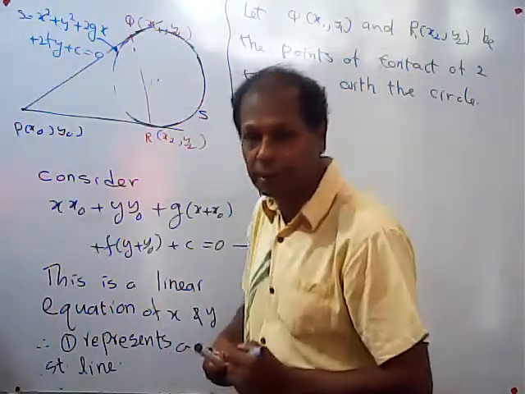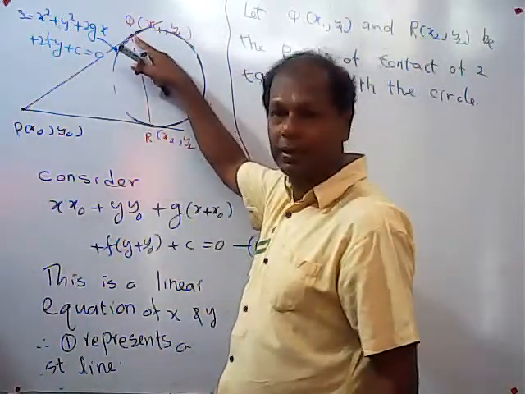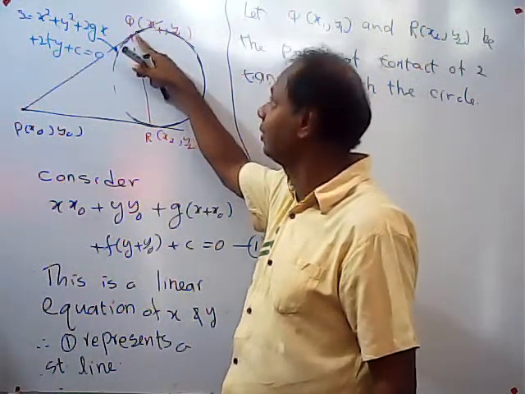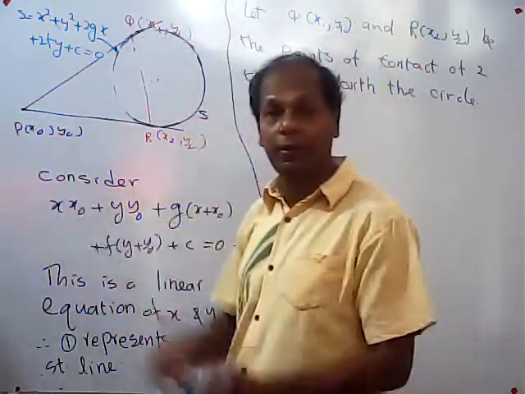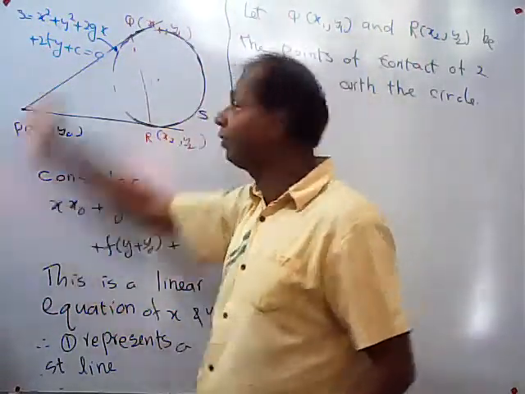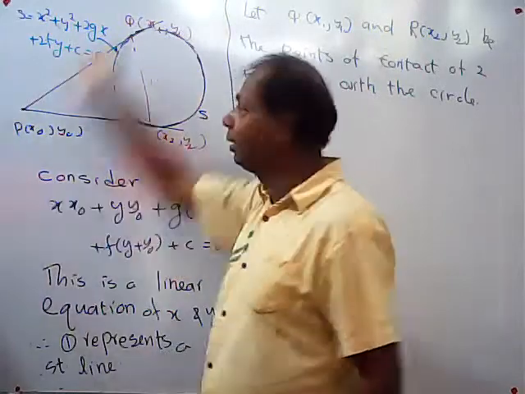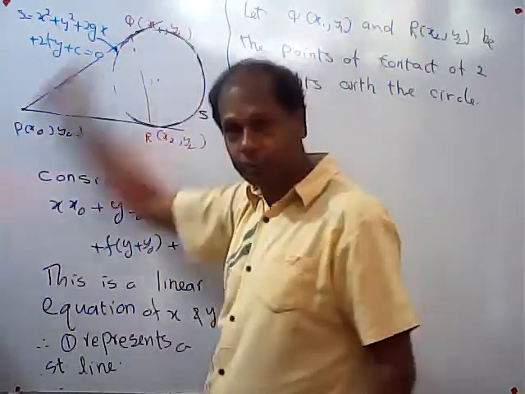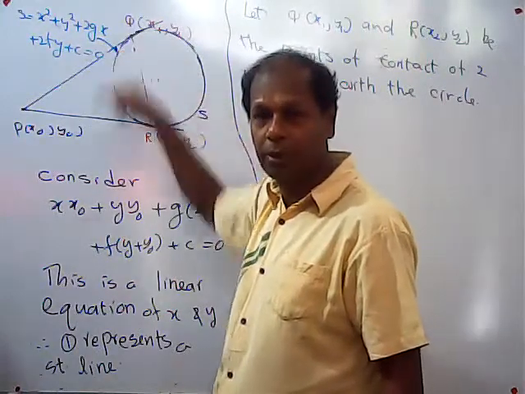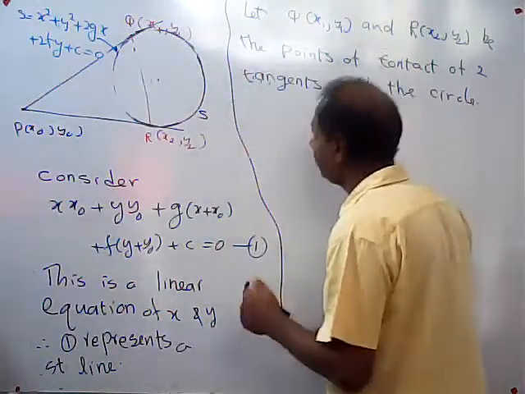So we have a point on the circle. Q is a point on the circle, so its coordinates satisfy the equation of the circle. On the other hand, we can write down the equation of this tangent to the circle through the point Q, right? What is it?